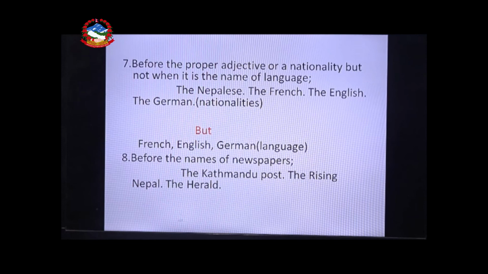Next one, before a proper adjective or a nationality, but not when it is the name of a language. Before a proper adjective or nationality, we use the article, but not when it is the name of a language.